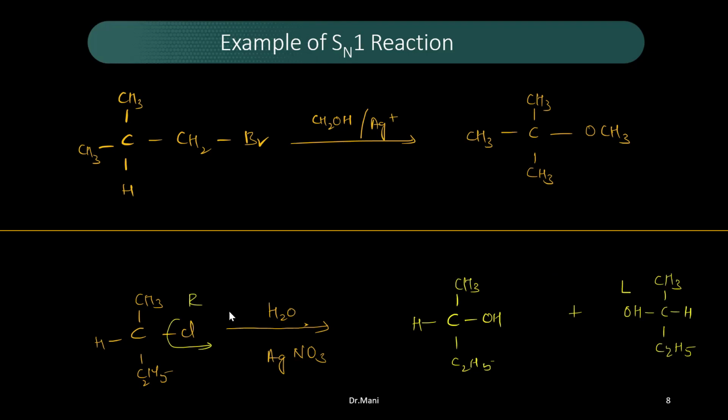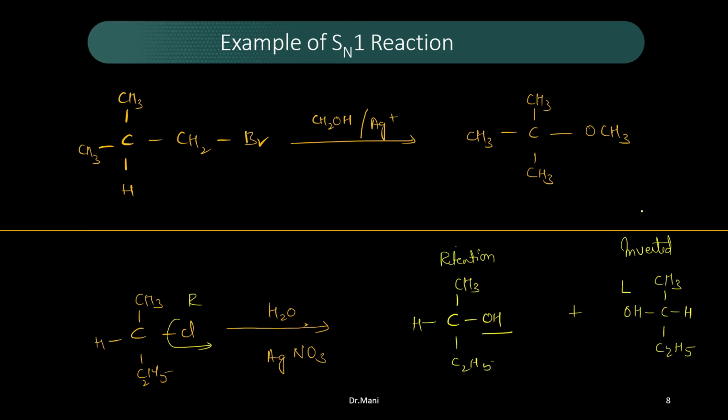So you can see there is an inversion in the configuration. If you see the right one, this is also on my right side and the chlorine is also on my right side, so both are the same. So we call this the retention configuration and this is the inverted configuration.